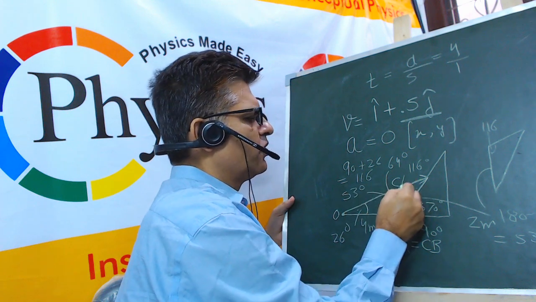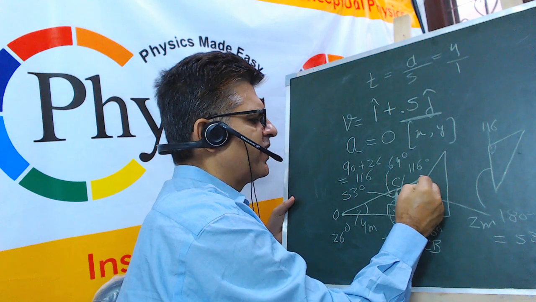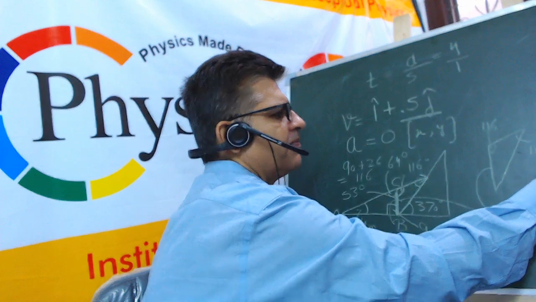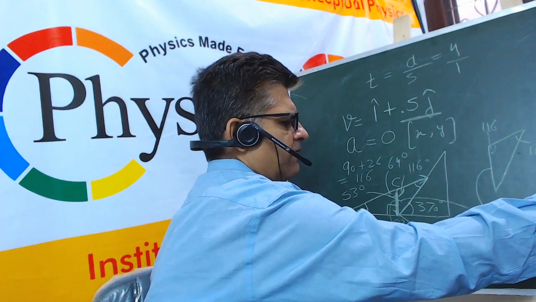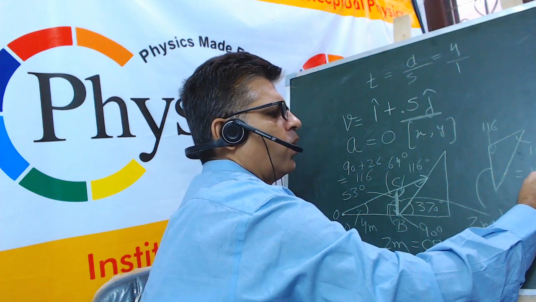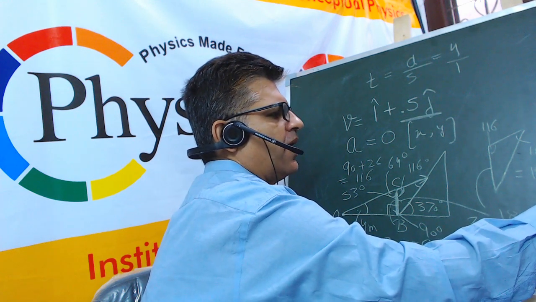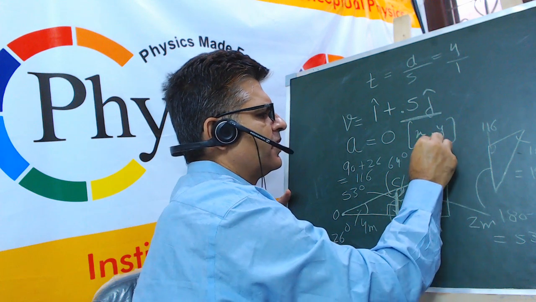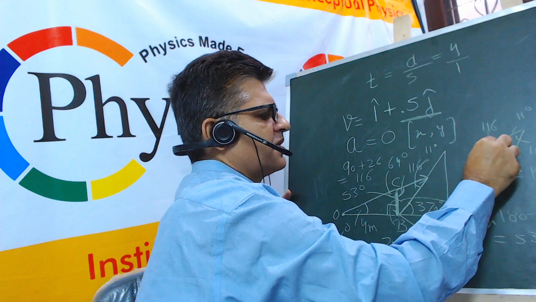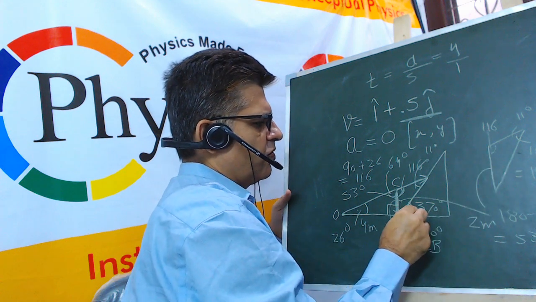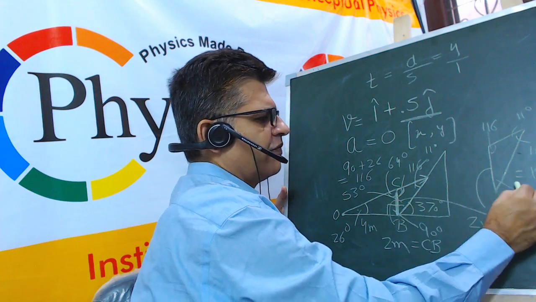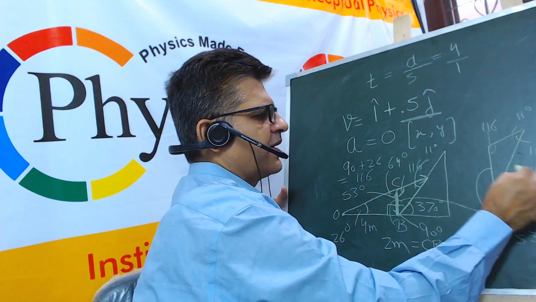And this angle is 116, so you can also find this angle. This angle is going to be 180 minus (116 plus 53), which is equal to 180 minus 169, and this angle comes out to be 11 degrees. So this is your 11 degrees, this is 116 degrees, and this particular angle is also 53 degrees, okay? And this is 2 meters.